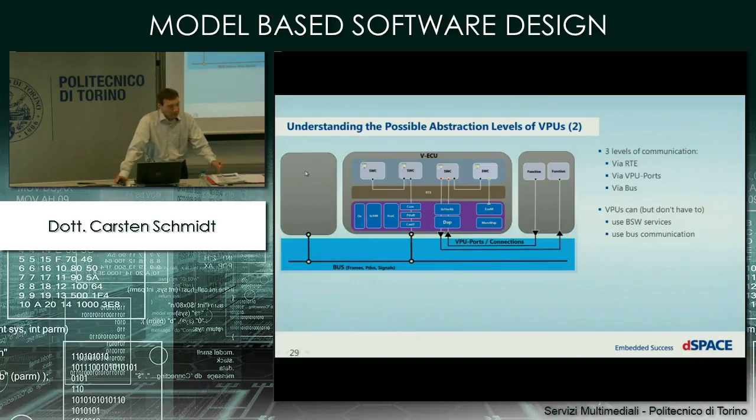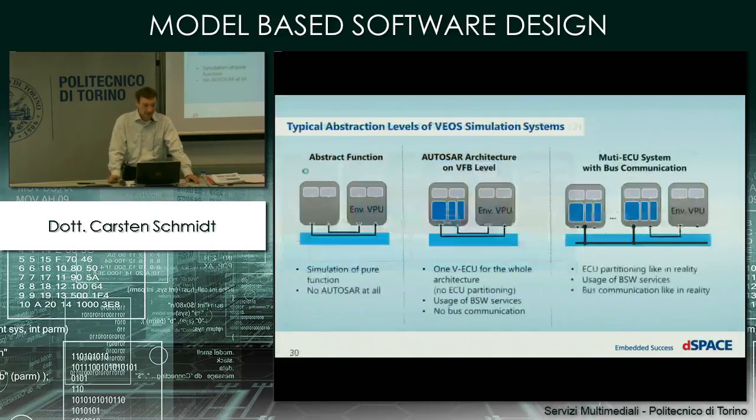So this leads to different levels of detail that can be used to do a virtual simulation. So, I have prepared three different typical levels of how the virtual offline simulation is actually used.